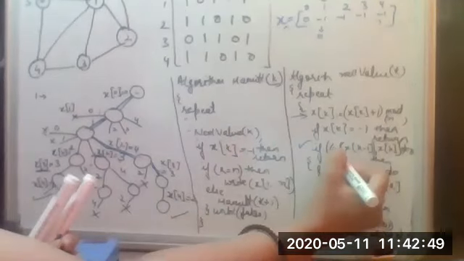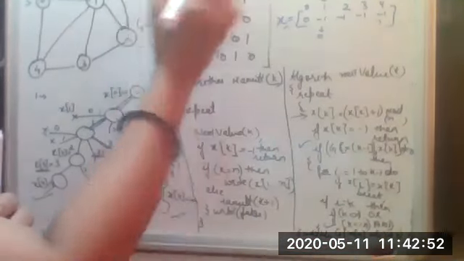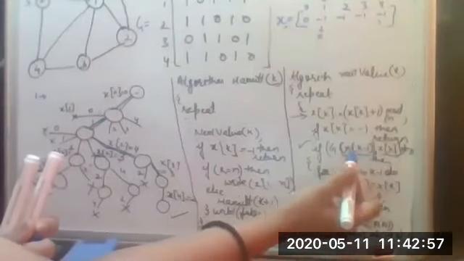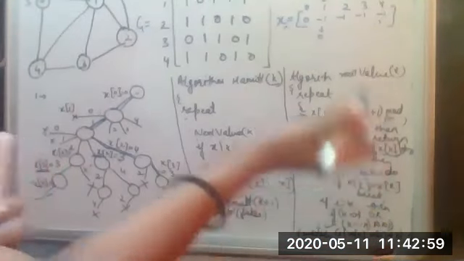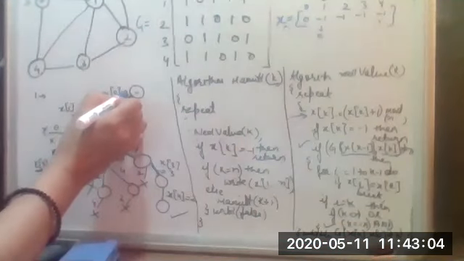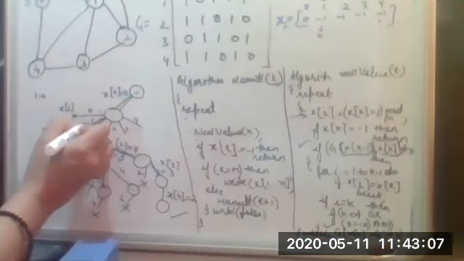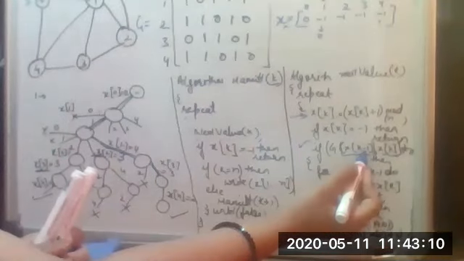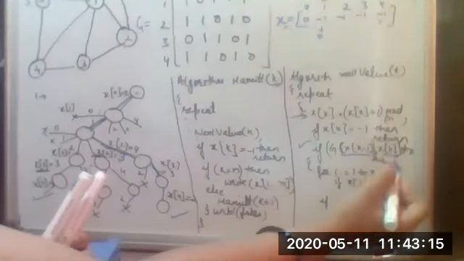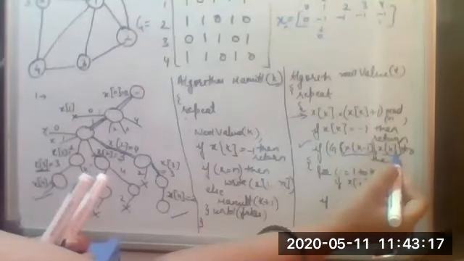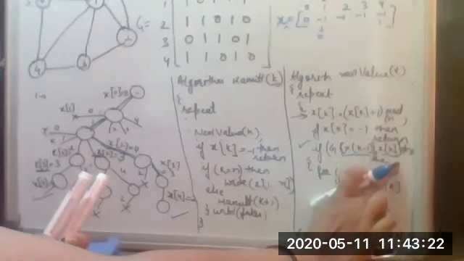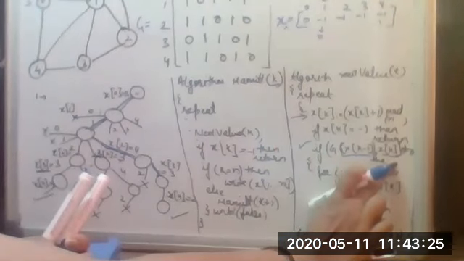In the graph adjacency matrix, this is the first index and this is the next index. You remember we talked about that if we have to choose this one, whether a path is there from the previous value to the current value. The previous value is x of k minus 1, and the current value is x of k. k minus 1 is 0, and xk is also 0. Is there a path between 0 and 0?